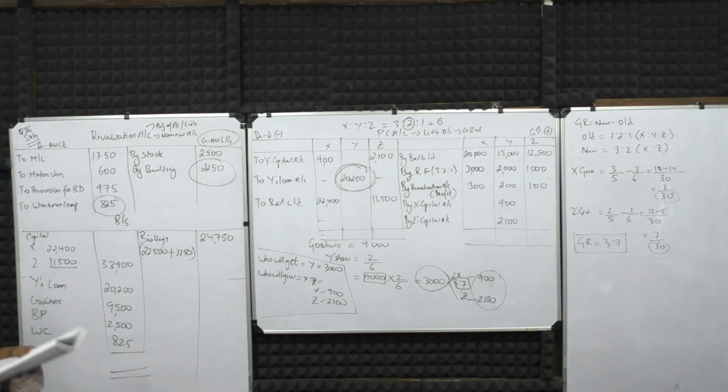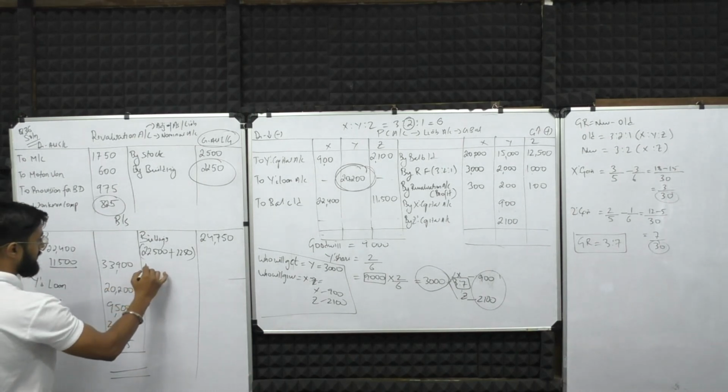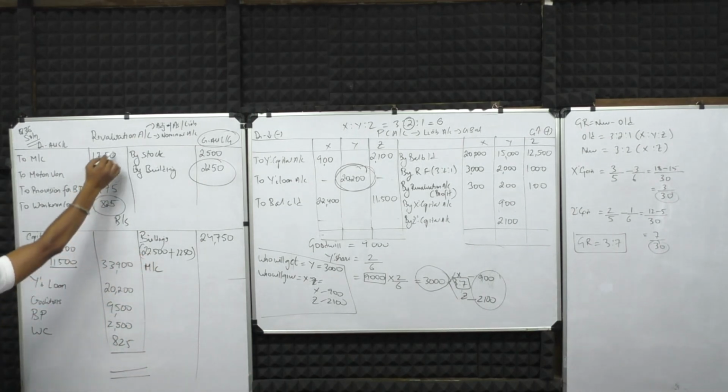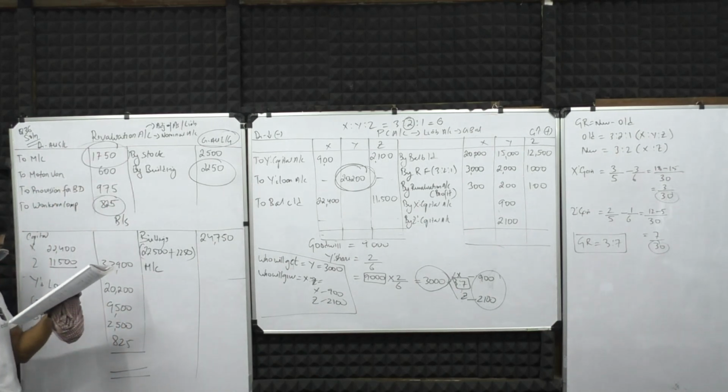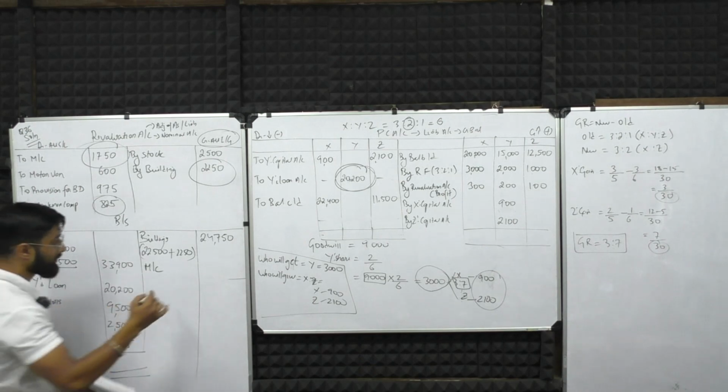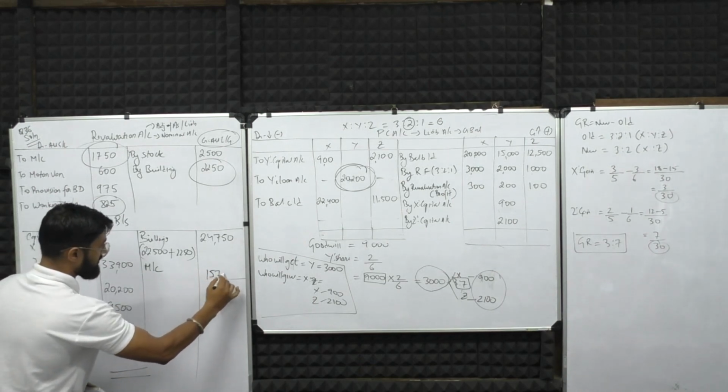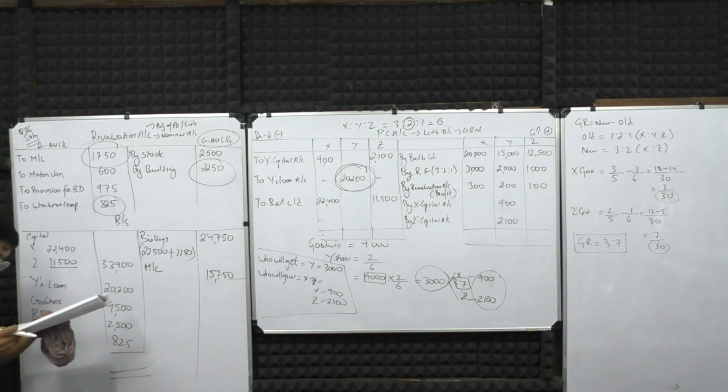Entertainment next. Machinery changes: old value minus adjusted value. 15,750. Next, motor vans.